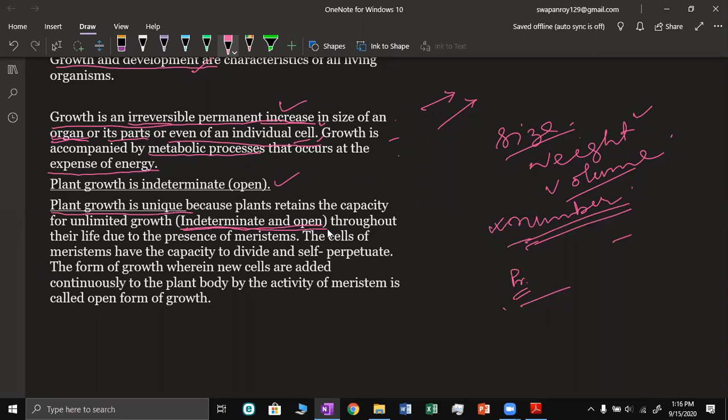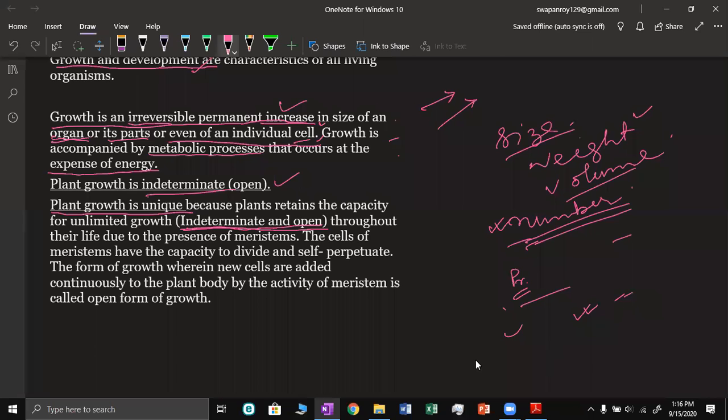This point is very important. It is indeterminate, indefinite, open growth. We animals, we human beings, grow up to a certain age or certain time. Our size increases, and after that the growth almost stops.